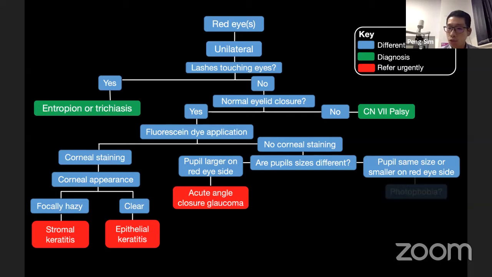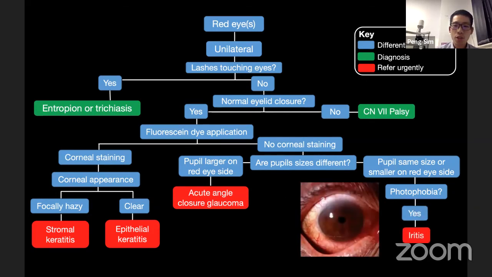So if the pupil's smaller and the patient is having profound light sensitivity, does anyone know what sort of condition we might be worried about? No? Okay. So the thing we'll be worried about is iritis, or we also call it anterior uveitis.